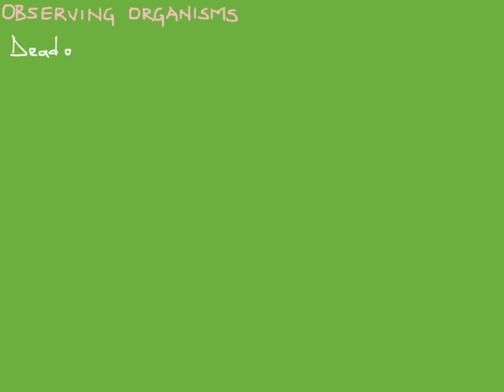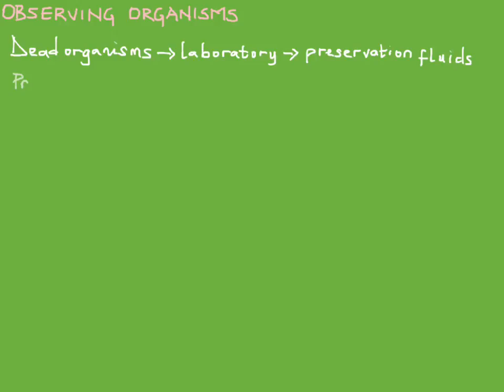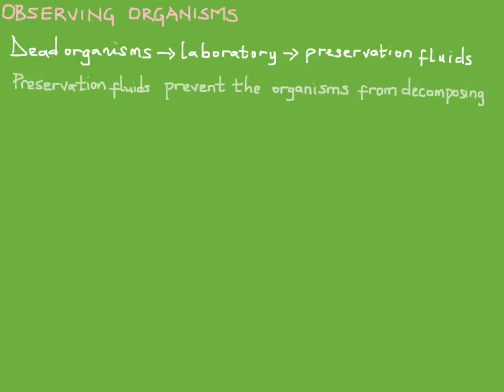Dead organisms are kept in the laboratory in preservation fluids. These fluids prevent the organisms from decomposing or rotting and keep them in a condition that is similar to when they were alive.